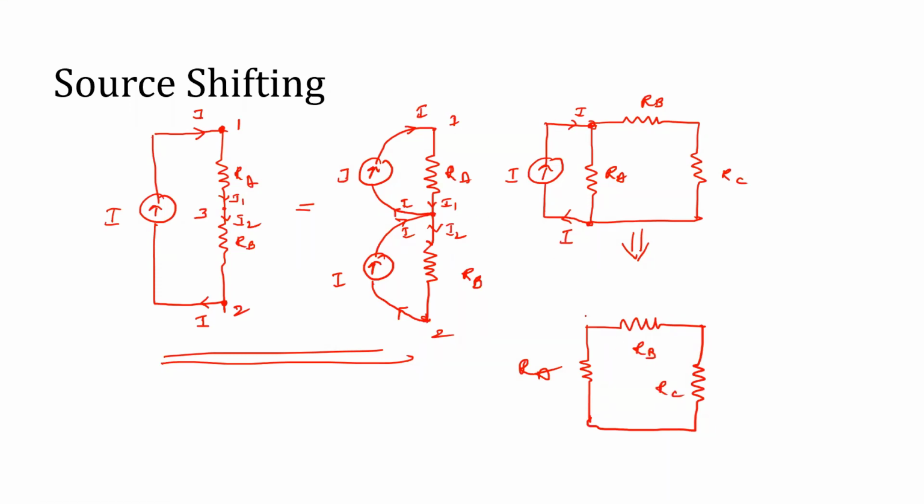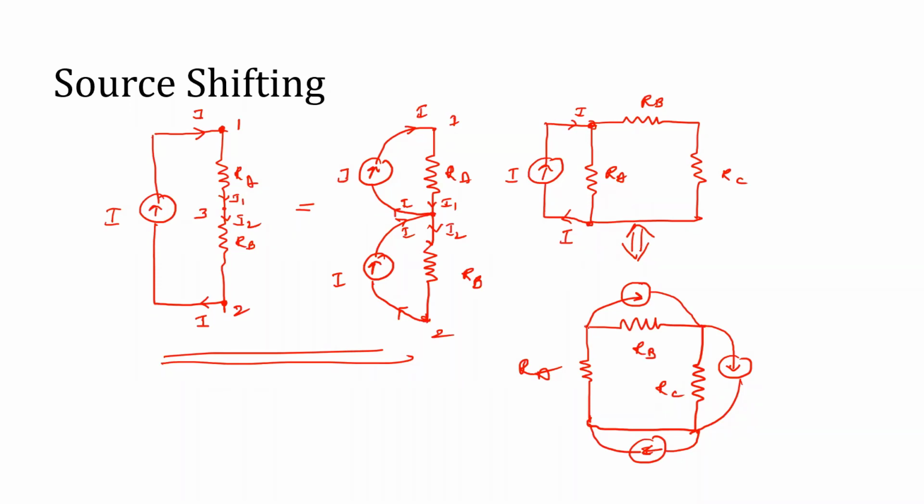Now current I is leaving, current I is leaving, current I is leaving. Then do you say that these two circuits are one and the same?